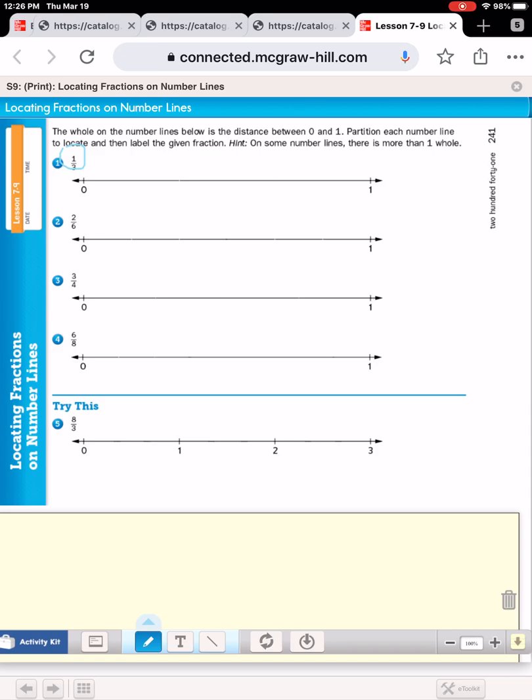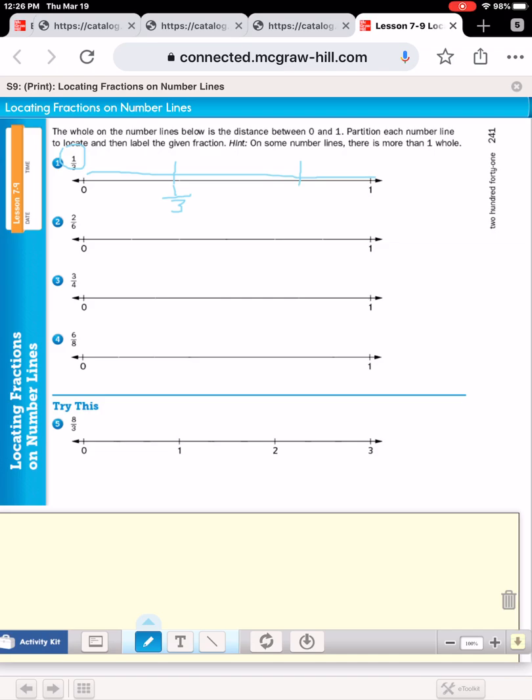So I'm going to do my best to mark it into thirds, and 1/3 would be this first mark. Go ahead and fill yours in just like this. You can see that from 0 to 1 there would be 1/3, 2/3, 3/3.